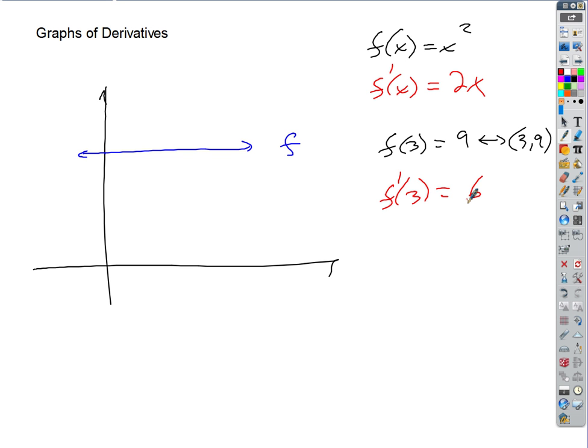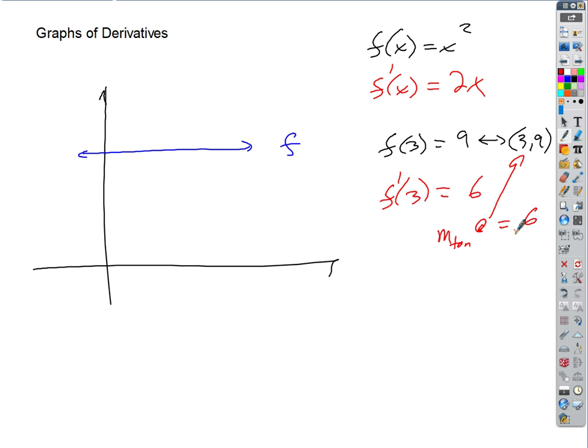Okay, what's that telling us? Good. It's telling us that the slope of the tangent line at that point is equal to 6. Amazing, right? So that's what a derivative function does. It tells us the slope of the curve for a given value of x.